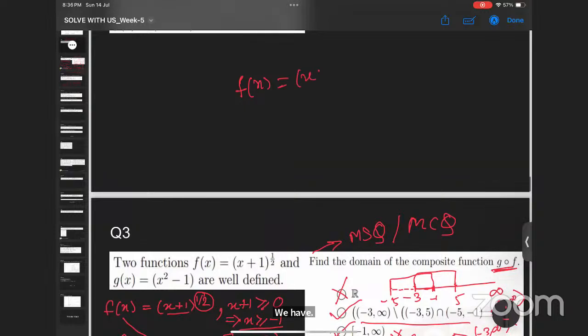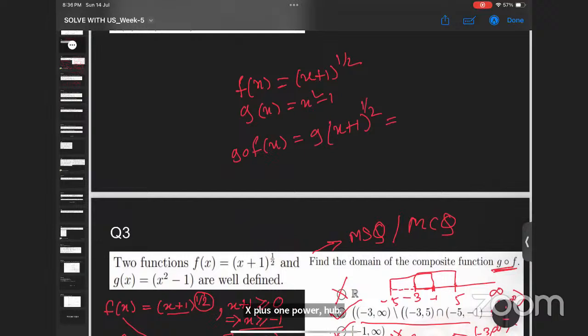We have F(x) = (x+1)^(1/2) and G(x) = x² - 1. So what is G compose F of x? G of (x+1)^(1/2), right? And this is x + 1 - 1, which is x, if we take the positive value.